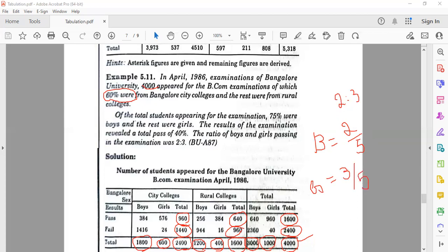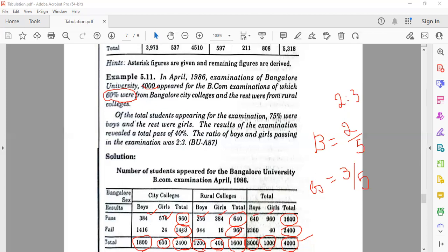Now, if I take this total 960, so 2 by 5 into 960, I'll be getting 384 for boys, and 3 by 5 into 960 is 576. Similarly, for 640, 2 by 5 is 256, 3 by 5 is 384. Similarly, you will get 640 and 960.